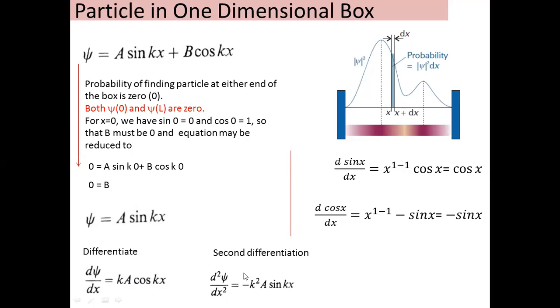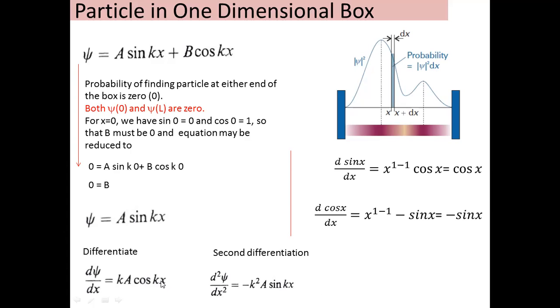With the second derivative, again as indicated over here, the derivative of cos kx will be equal to minus sine kx. This is the symbol for the second derivative, d square over dx square of psi. Now when cos becomes minus sine, the rest remains the same.